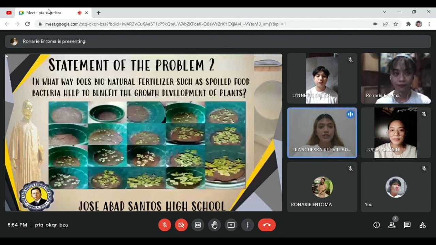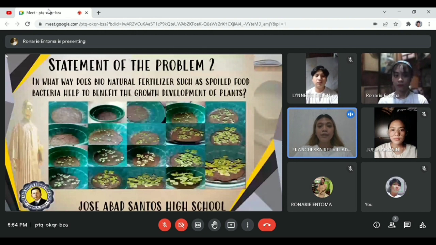For research question number 2, in what way does bio-natural fertilizer such as spoiled food bacteria help to benefit the growth development of plants? During 4 weeks, calculated 21 days of observation, we found that the plant's development had improved significantly with fertilizer. Each picture shows the development of sweet basil plants' growth over time using spoiled milk and mold yeast.